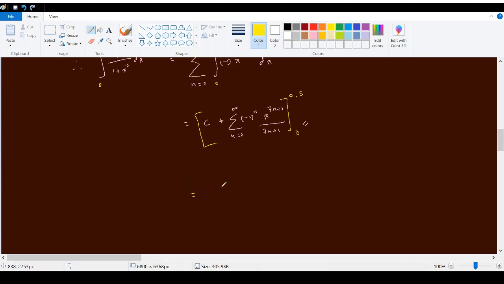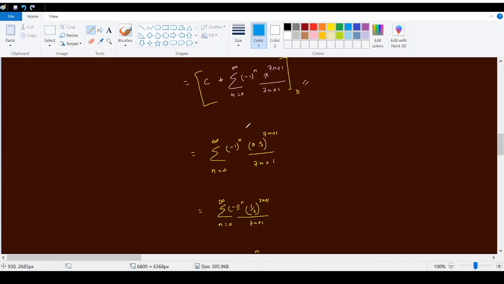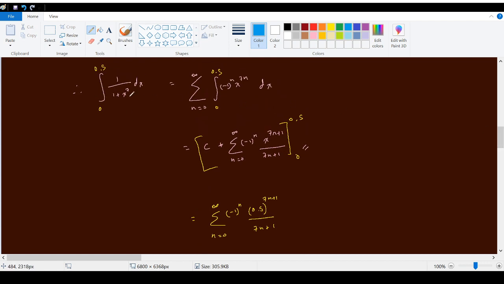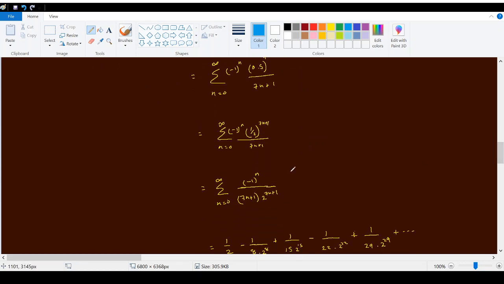When you substitute the two endpoints, you will ultimately get this one. And you can consider 0.5 as half, and then you can see a nice alternating series as the result of this definite integral. So solving this definite integral is the same as finding the sum of this series, right?